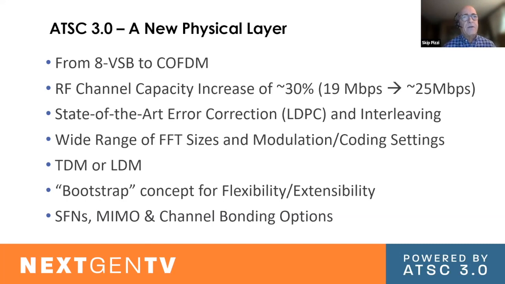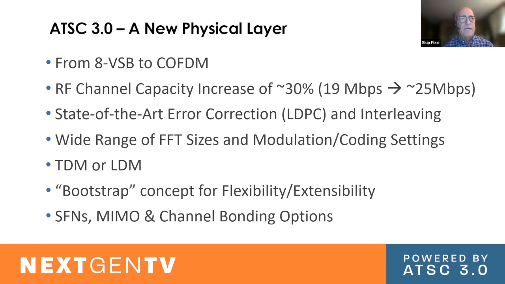So it's a way to future-proof systems with some level of backward compatibility. And of course, given that it's an OFDM system, it allows the ability to use single frequency networks and to fill in or extend the signal with lower power, lower tower transmitters. And it also includes the possibilities for multiple input, multiple output MIMO transmission channels, at least a two-way MIMO, cross-polarized approach.